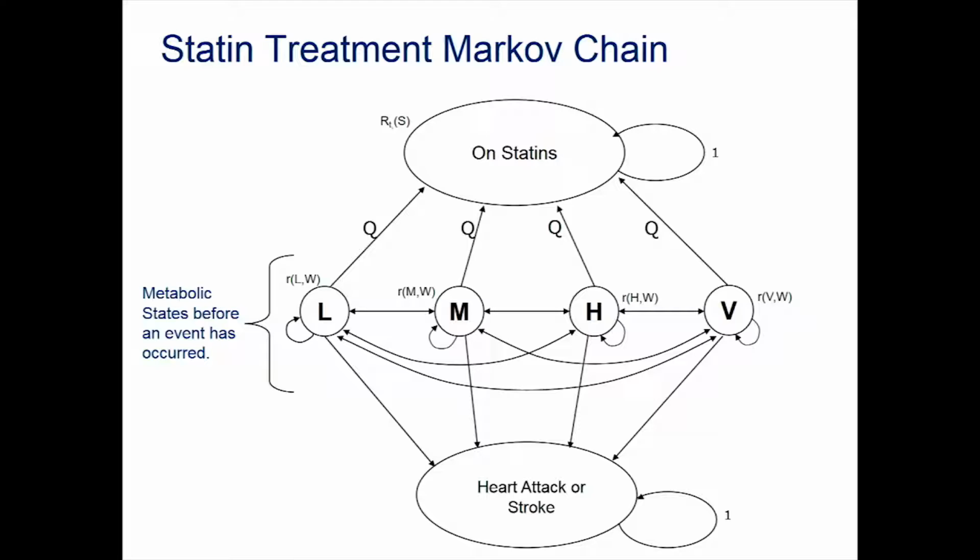Of course, the dynamics are still going on, so this is a simplification of what is really a separate Markov reward chain. We're assuming there are no decisions. We're just focused on the statin decision here, but it's a separate Markov reward chain with a reward that corresponds to the expected survival for someone who's initiated statins.